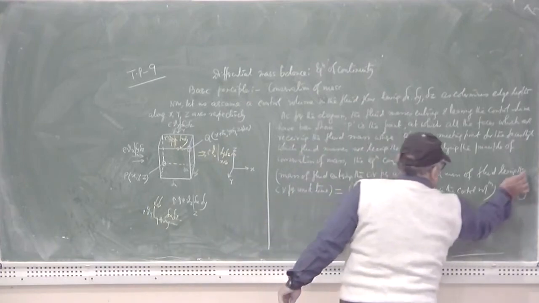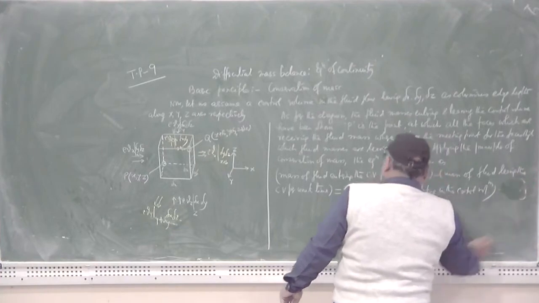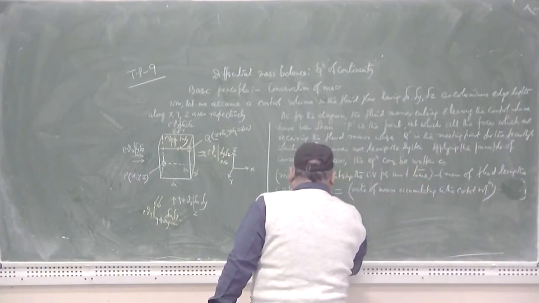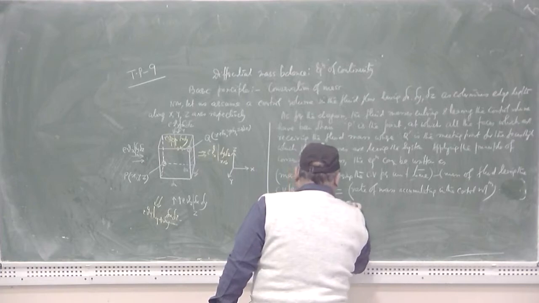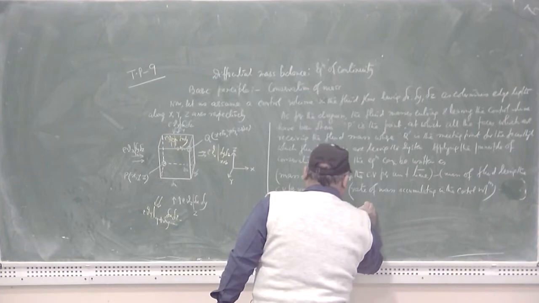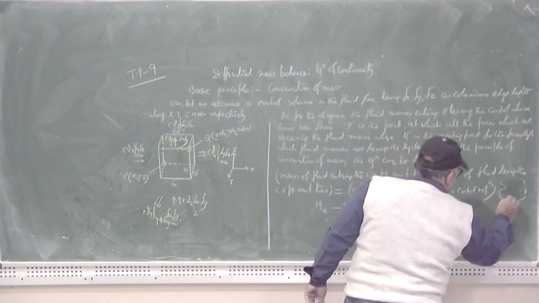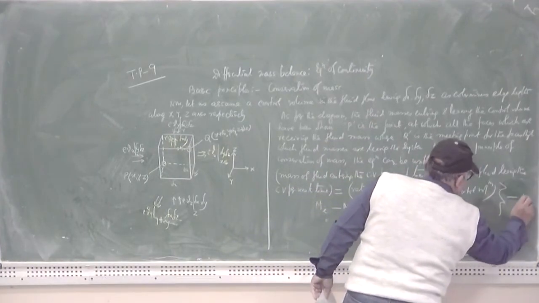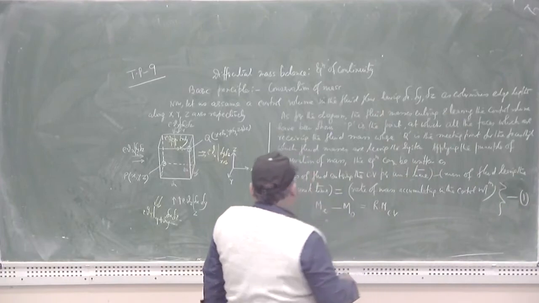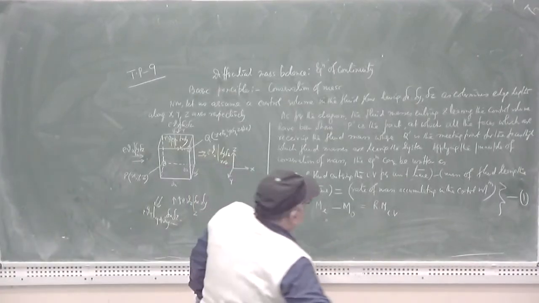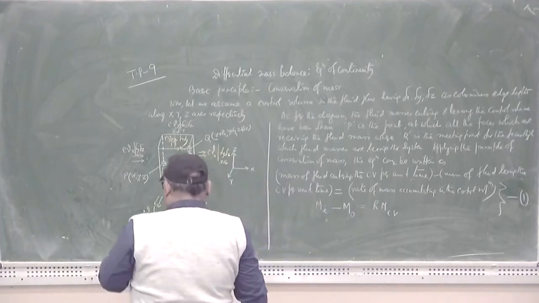Let us suppose mass of fluid entering minus mass of fluid going out is equal to rate of accumulation of mass in the control volume. Let it be equation number 1. Now try to evaluate all these quantities separately and put them there in order to have the differential mass balance or continuity equation.